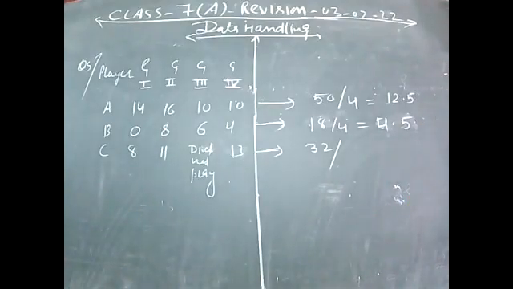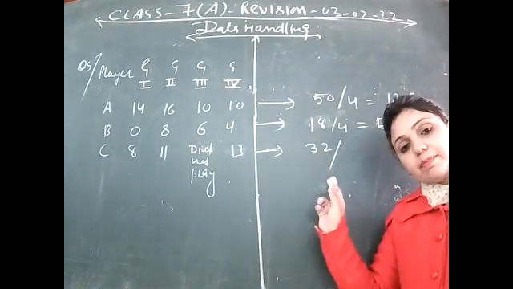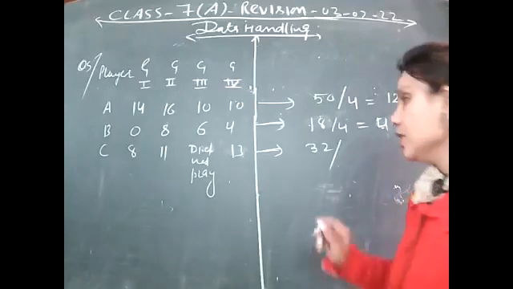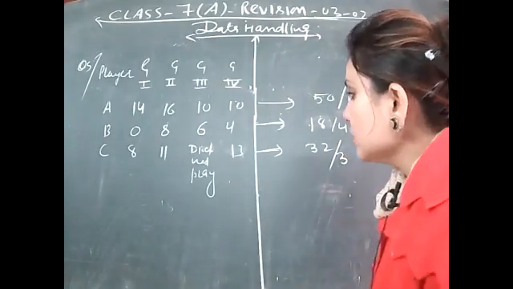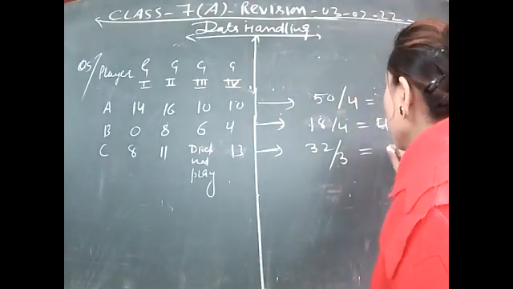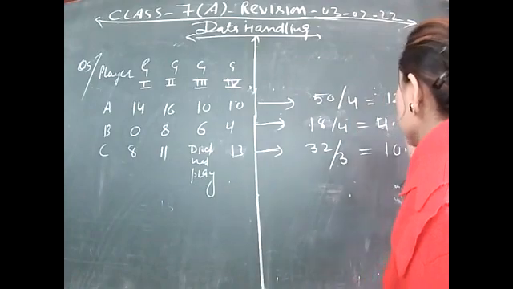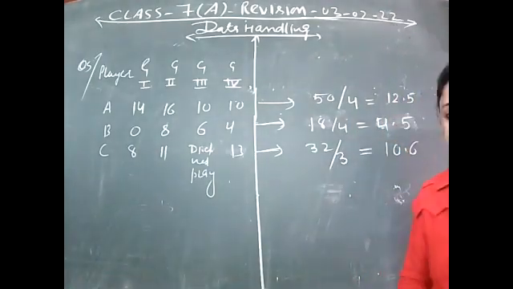So when we are finding C's average score, you need to divide it not by 4 but by 3, because C is participating in only 3 events. This is 32 upon 3 and that is approximately 10.6. This is C's average score.